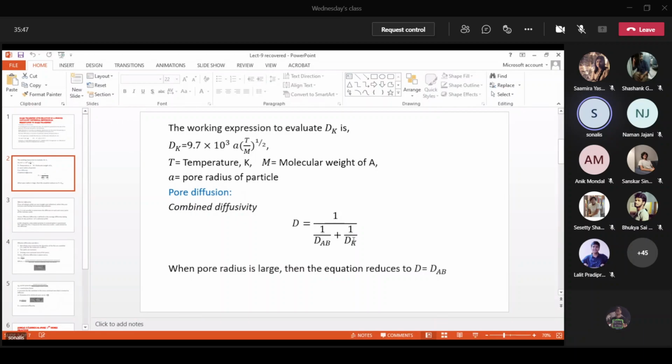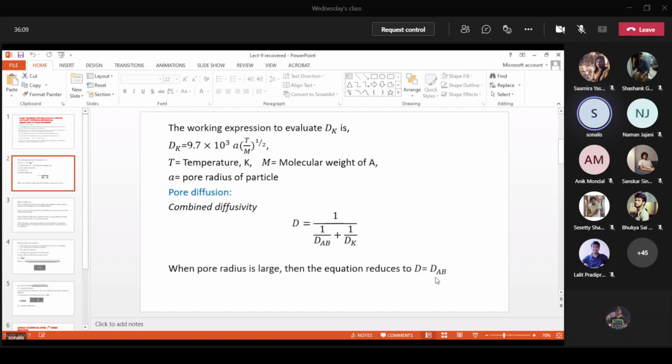When the catalyst particle has bigger pores, then DAB has a good value and DK is very small. Then D becomes equal to DAB.